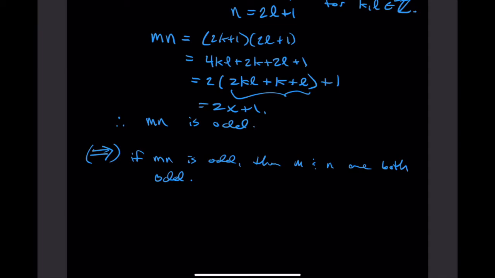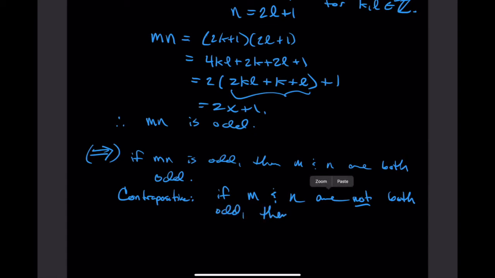So the contrapositive is going to say if m and n are not both odd, then m times n is even.